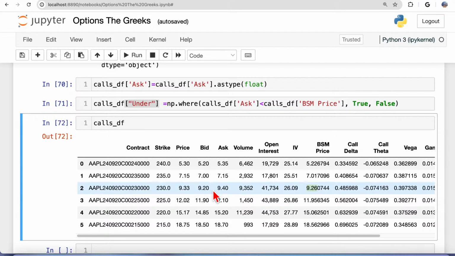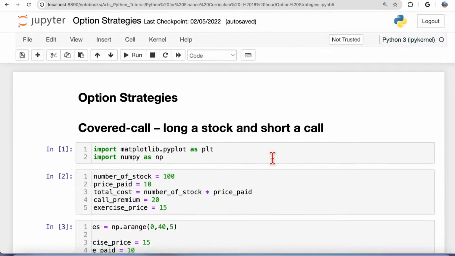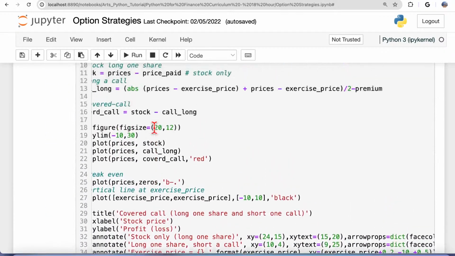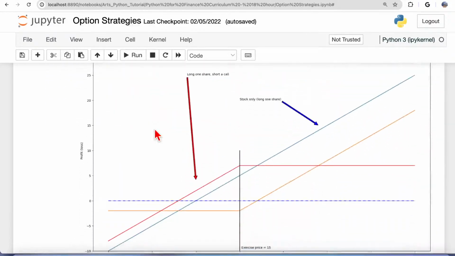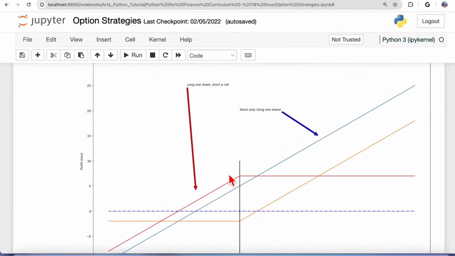doing in these streams. All right, one more little thing before we call it a day. Now, this is what we're going to be doing. We're going to be talking about option strategies. We're going to talk about covered call, and we will be doing all these calculations with Python, and I'm going to show you how we could plot this so you could actually understand how you could manage your portfolio, how you could make money, and how much money you could lose, what is your risk, how you could manage your risk.